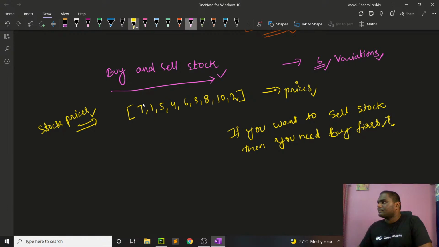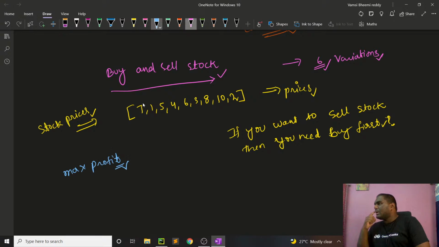Otherwise, how can you sell that stock? As a trader, what will be your end goal? You need to get the maximum profit. On one day you can buy the stock, on another day you can sell the stock, and at the end your aim is to get the maximum profit.